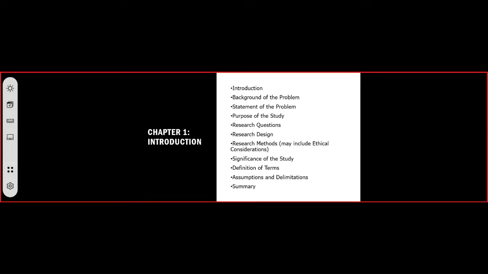So you won't be discussing your design and methods in detail. You will just tell the reader, in a paragraph maybe, what design you used, what data collection methods you used, and what data analysis methods you used, and you will refer them to your chapter 3, where you will have a complete discussion on these aspects.